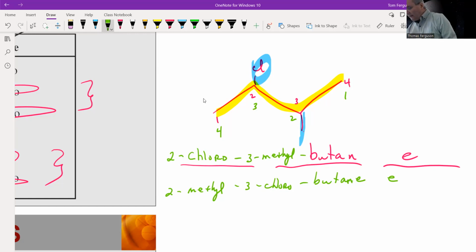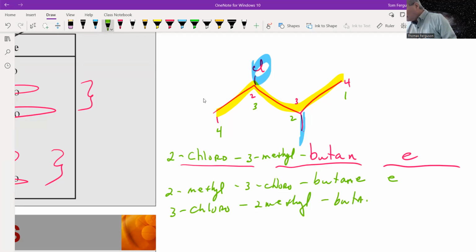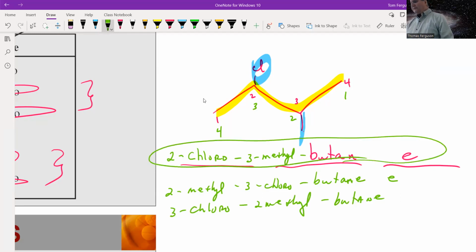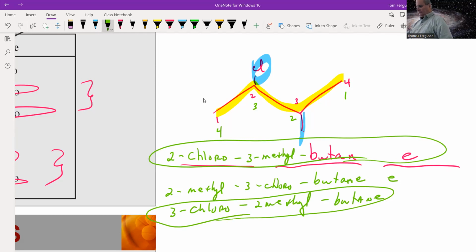So really, it should be 3-chloro, 2-methyl. And by the way, this is the one that's officially accepted, but this one will be fine for our class as well.